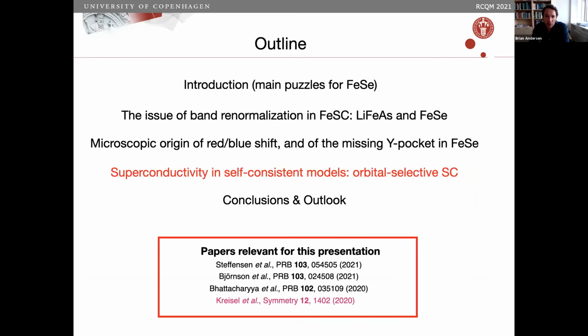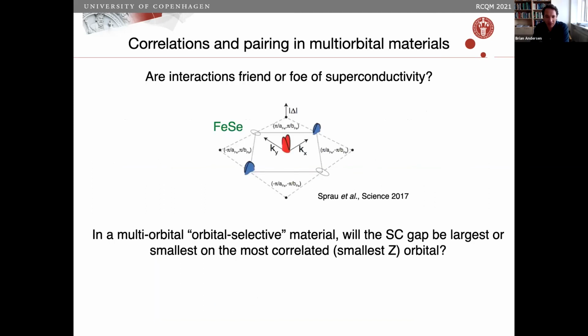Okay, so that concludes my story of iron selenium for now. I will just, in the last few minutes, I hope I have a few more minutes, nobody's complaining too much, show you a scenario where orbital selectivity or orbital dependence is very strong on superconductivity, and it's opposite of what you might expect.